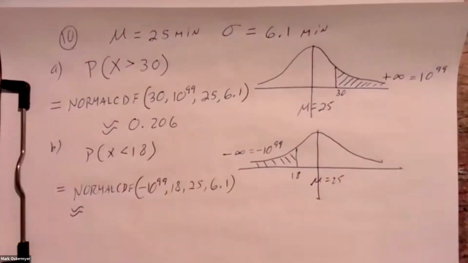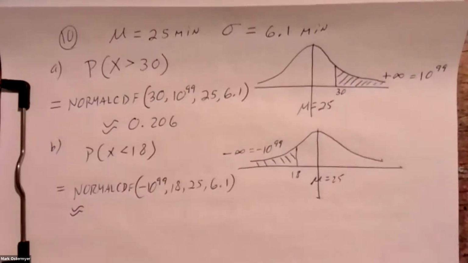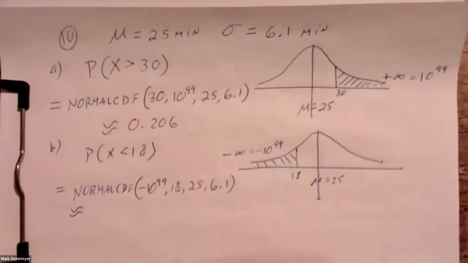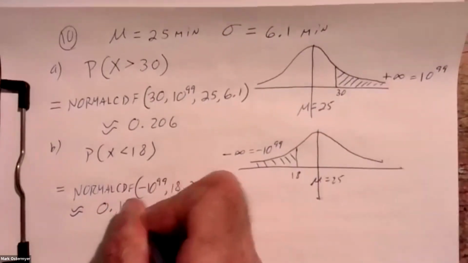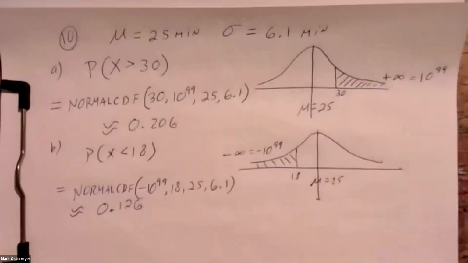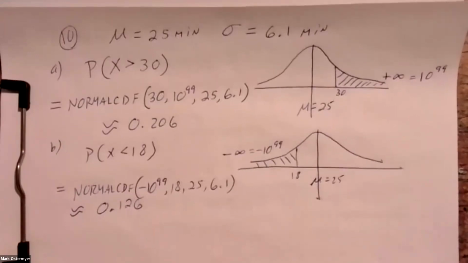Dialing this up on our calculator, I get a probability which is about 0.126. About a 12.6% chance that a randomly selected commuter will commute less than 18 minutes. All right, that's number 10.